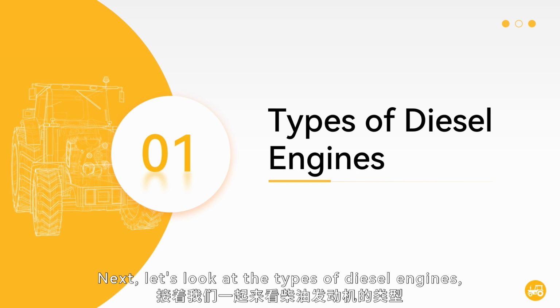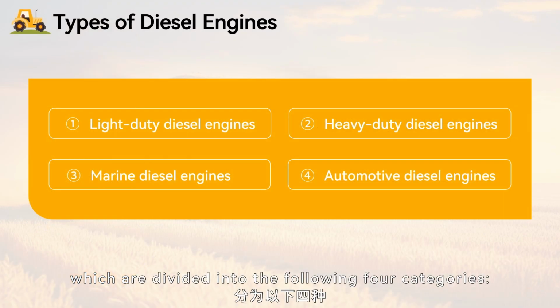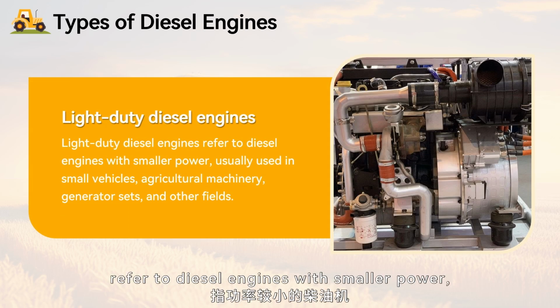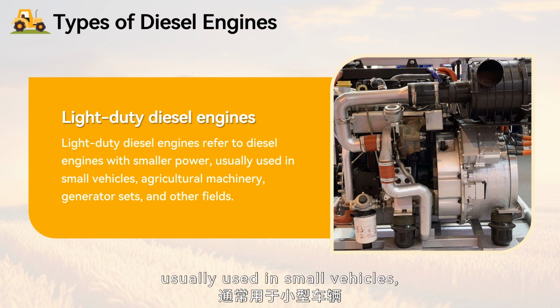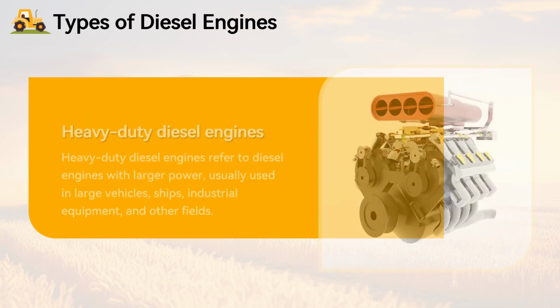Next, let's look at the types of diesel engines, which are divided into the following 4 categories. 1. Light-duty diesel engines refer to diesel engines with smaller power, usually used in small vehicles, agricultural machinery, generator sets, and other fields. 2.